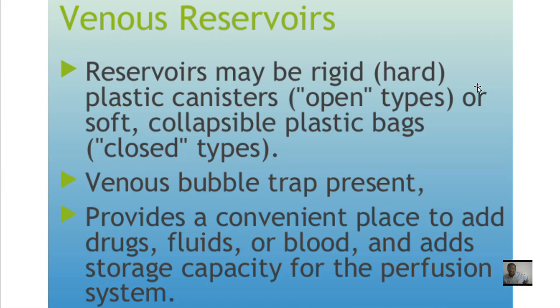Next, the venous reservoir. Venous reservoirs may be rigid, that is hard plastic containers, the open type, or soft, collapsible plastic bags, the closed type. A venous bubble trap is present.